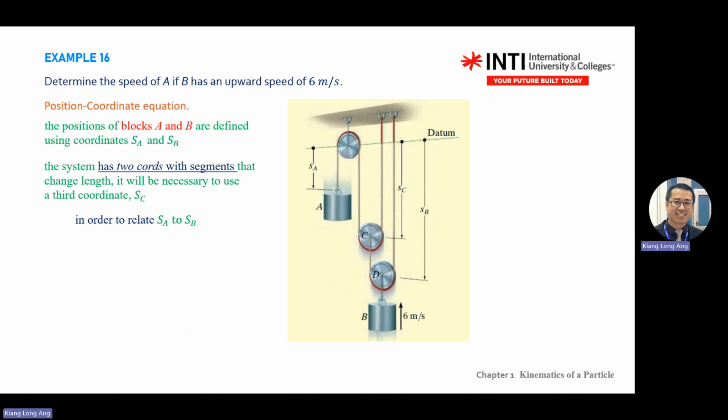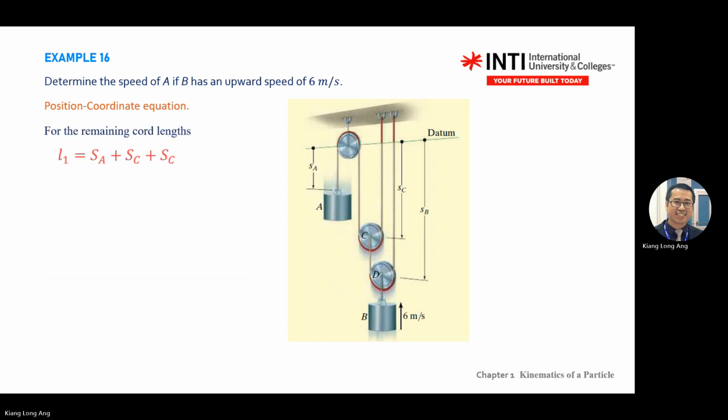So you need to think outside the box a little bit because you need to relate your SB and SA. How do you do it? The highlighted red section you do not consider because it doesn't change, so it doesn't have your VA and your velocity and acceleration analysis. So for the first length we take SA plus here plus here. So SA plus 2SC. Get this one.